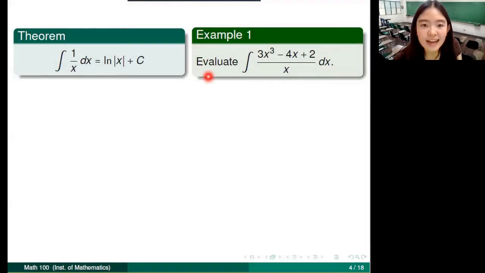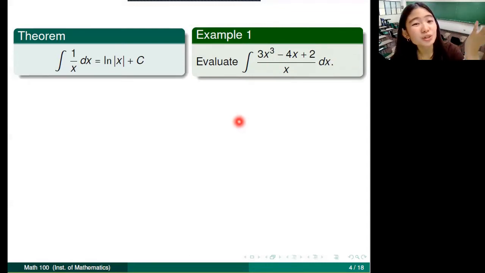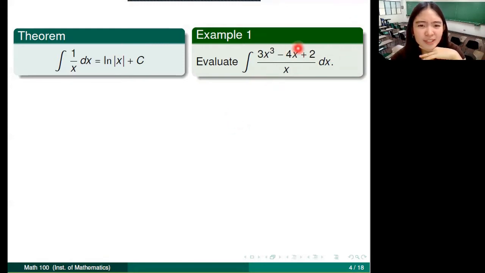Number 1, we are to evaluate the integral of 3x cubed minus 4x plus 2 over x dx. Usual technique ang u substitution. So siguro, try nating mag-u substitution. Ano ba yung mga quantities na pwedeng ilet as u dito? Well, you have your numerator.